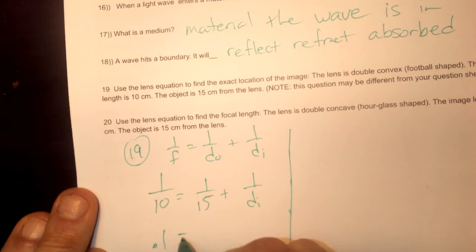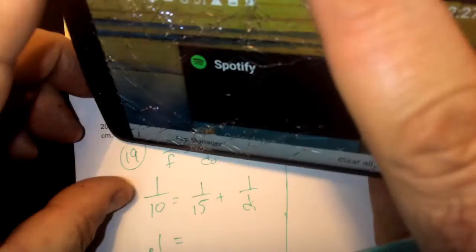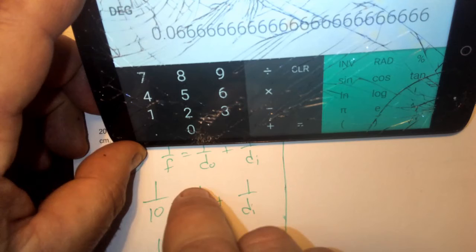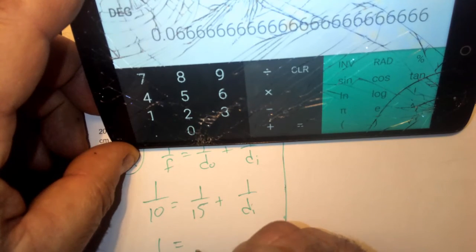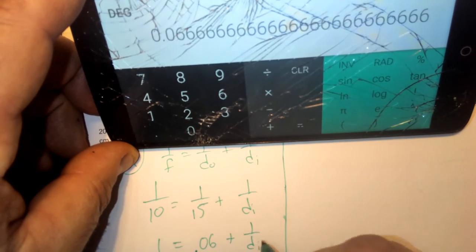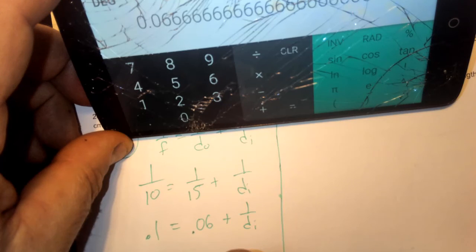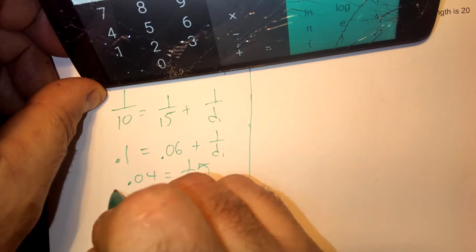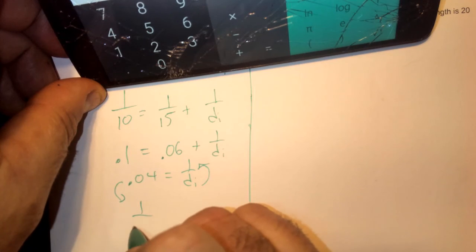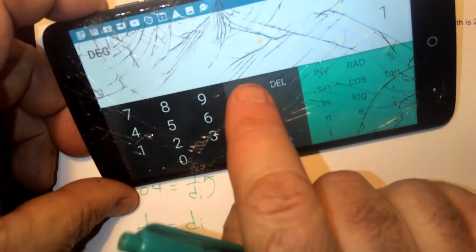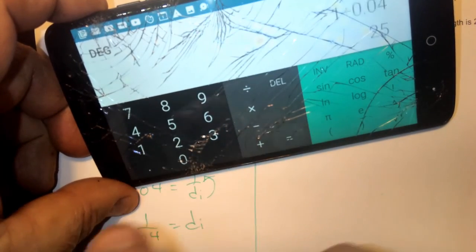So that's 1/10 plus 1 divided by 15, 0.066. I'll just put down 0.06 for simplicity's sake. 1 over di. Subtract off 0.06 from both sides. And then we have to flip both sides. So we have 1 over 0.04 is equal to di. And let's divide that out. 25.